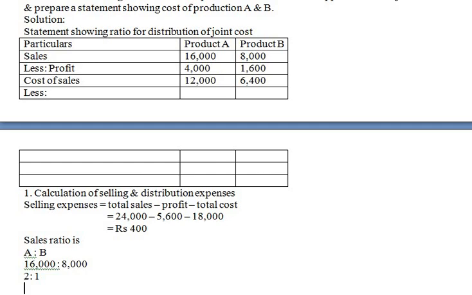Now for A, 400 into 2 divided by 3, which is equal to rupees 267.